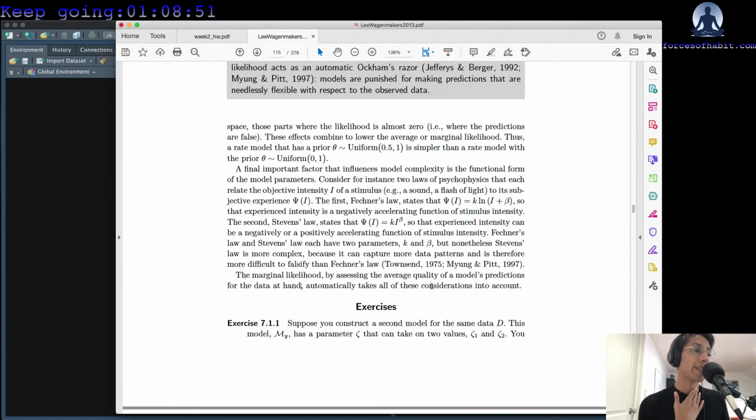It's going to take into account the functional form of the model. And the example it uses to talk about functional form is two laws used in psychophysics here and here, both of which make predictions, but one of which is more complex than the other because it can capture more patterns of the data.